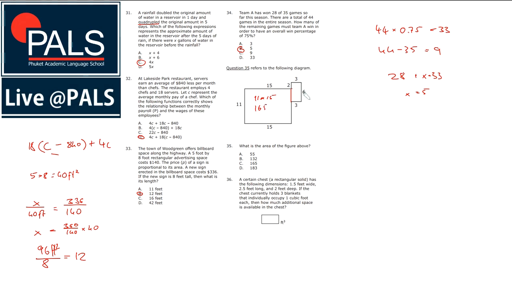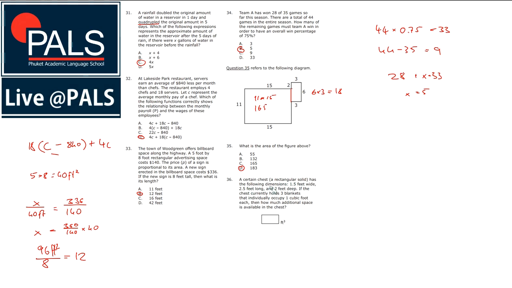And this is 6 times 3. That is equal to, so not 1 times 3, 6 times 3 is equal to 18. 165 plus 18 is 183.